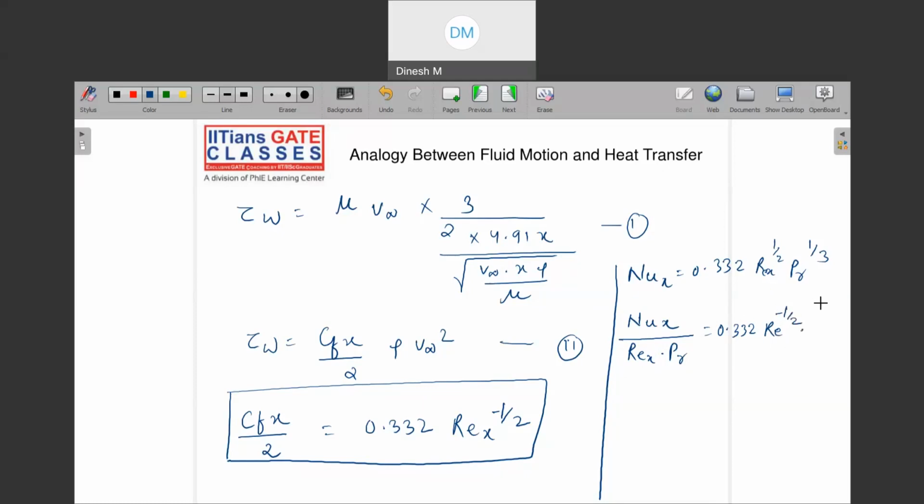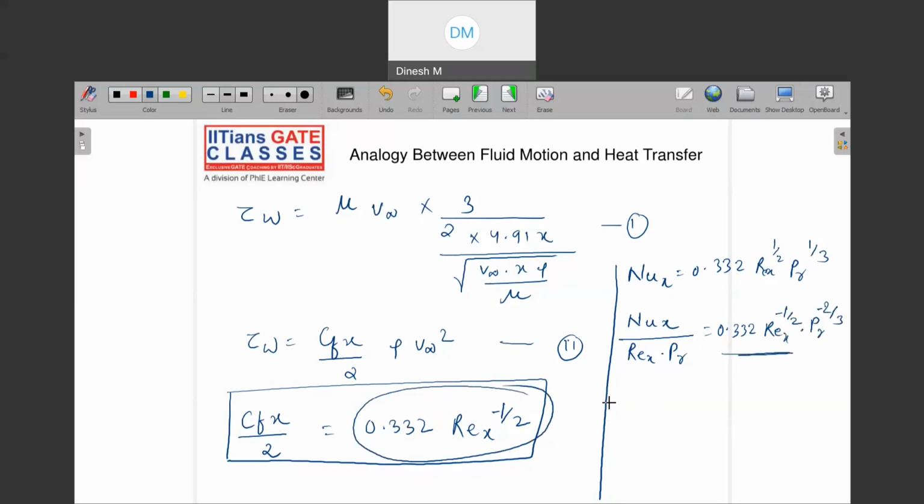And this has become Prandtl to the power minus 2 by 3. So now I can see that this is Rex only and this is Prandtl. So you can put 0.332 into Reynolds number to the power minus 1 by 2. Here we have the same thing.